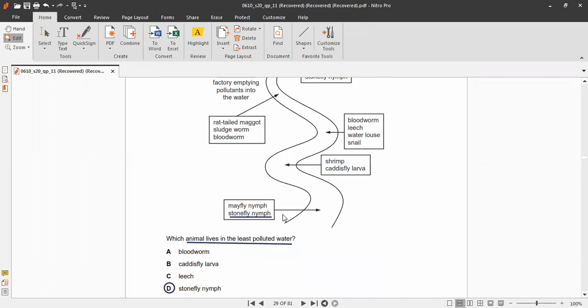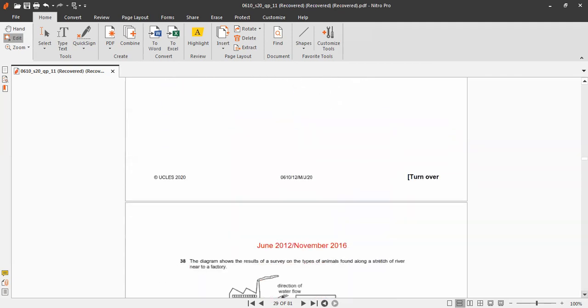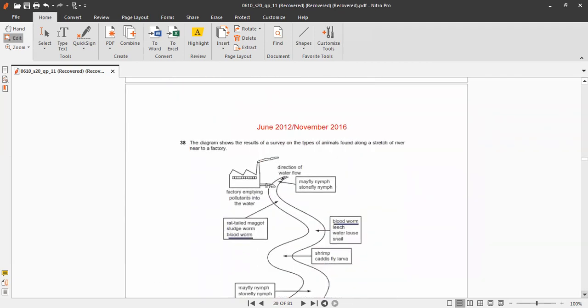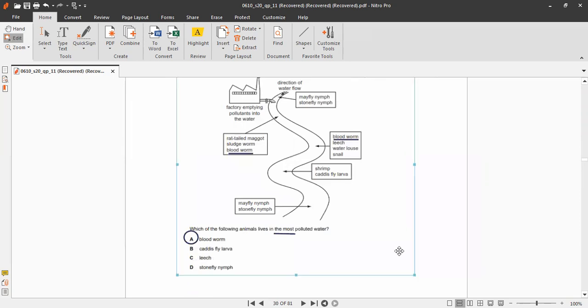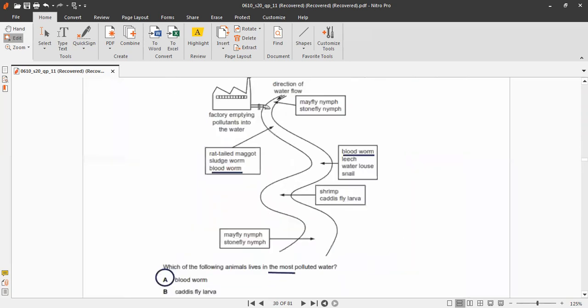Yes, stonefly nymph. This place is the least polluted place. The other question: which of the following animals lives in the most polluted water? Yes, bloodworm. Bloodworm.